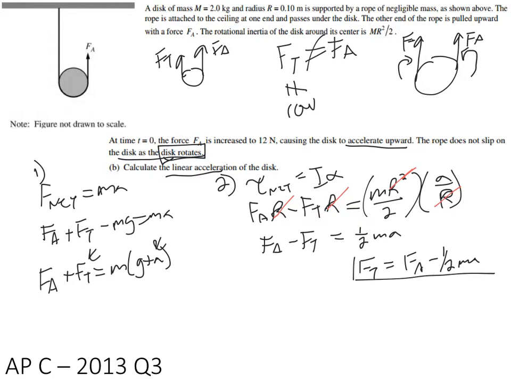Alright, so again, I have two unknowns, but now I have two separate equations that I can use to figure out what the two unknowns are. So I'm going to take this and plug it back into my first equation.